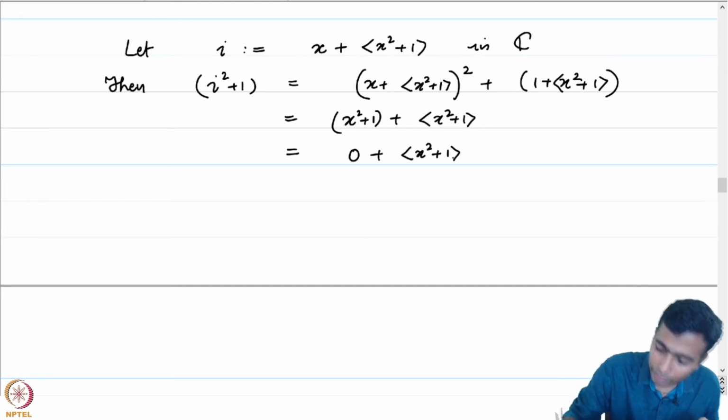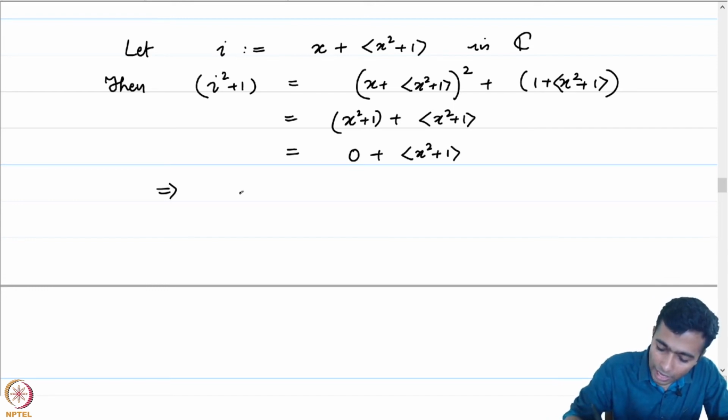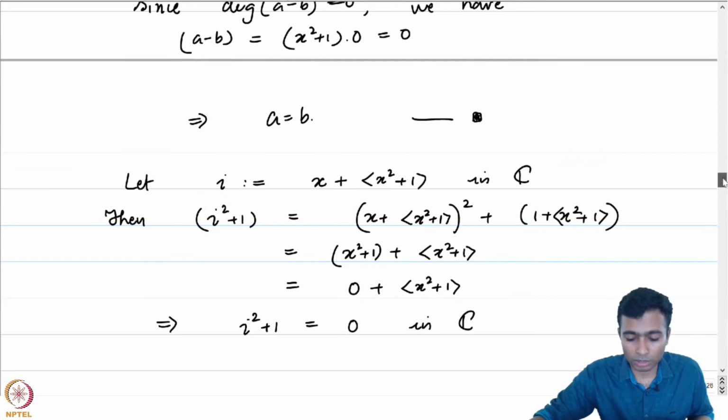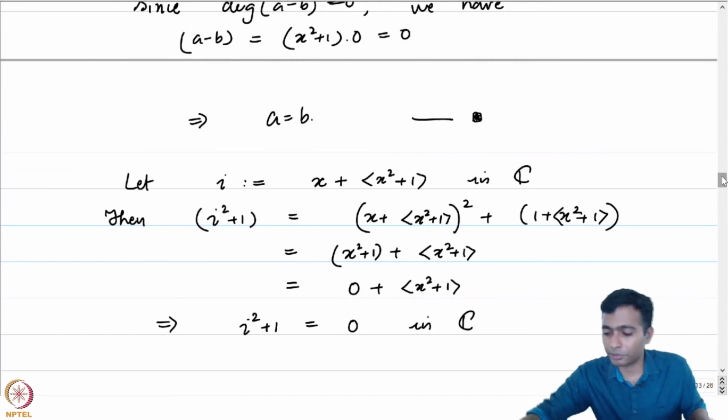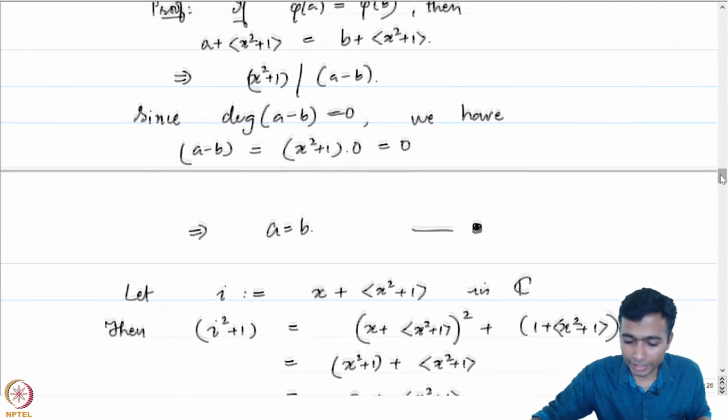Because x square plus 1 belongs to our given ideal. And this implies that I square plus 1 is equal to the 0 in C. So hence we have both a solution to x square plus 1 equal to 0 and a copy of R sitting inside.